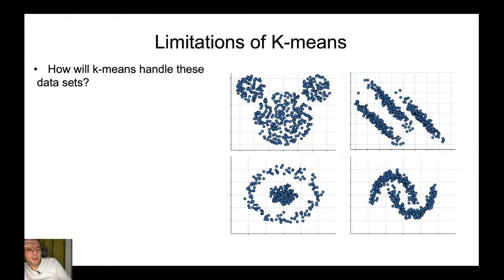Here we have some Gaussian distribution clusters that are skewed. Here we have two clusters that are obvious for the human eye, but are not linearly separable, and k-means will try to do a linear separation.